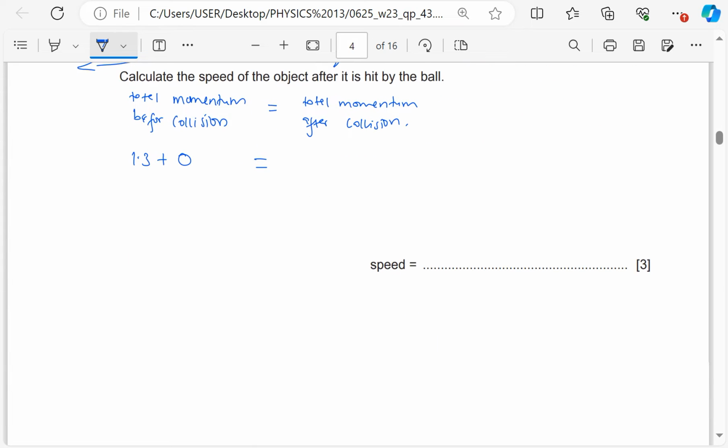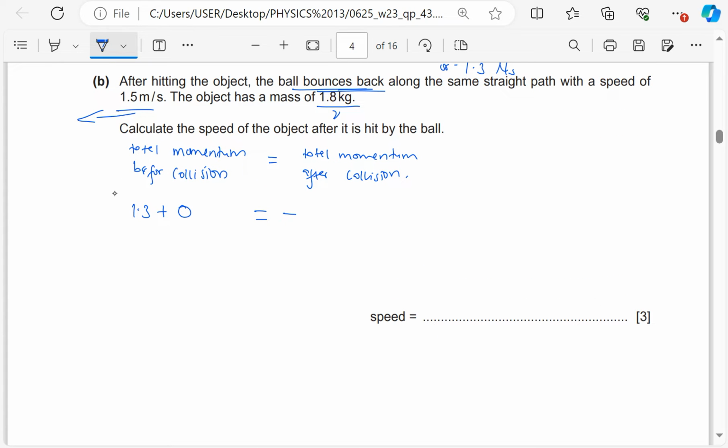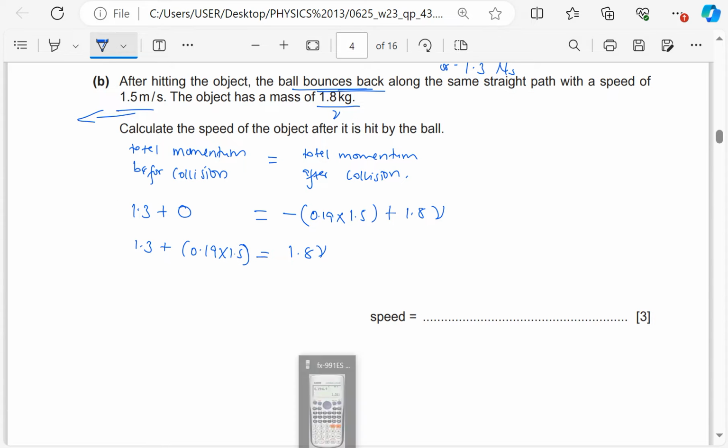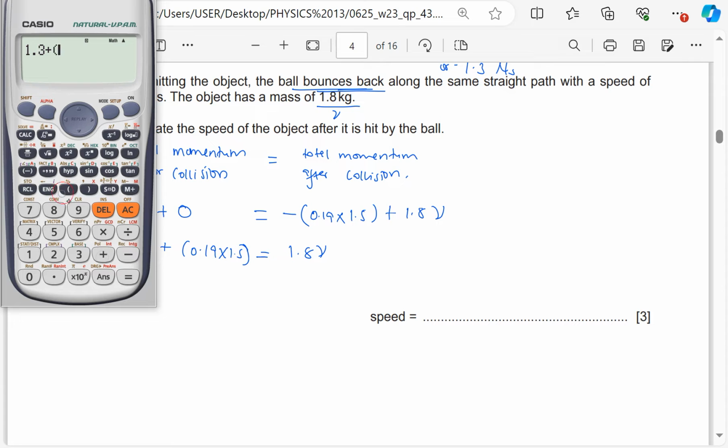So it equals a negative momentum: the mass of the ball, 0.19, times its speed, which is now 1.5, plus the momentum of the object, which is 1.8 times its speed, v. So 1.3, we take this one to the left-hand side, so plus 0.19 times 1.5 is equal to 1.8 times v. So 1.3 plus 0.19 times 1.5.